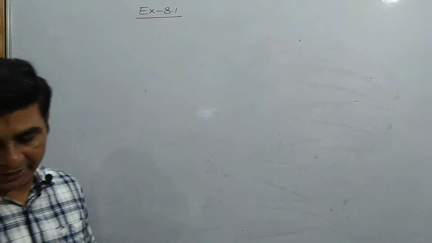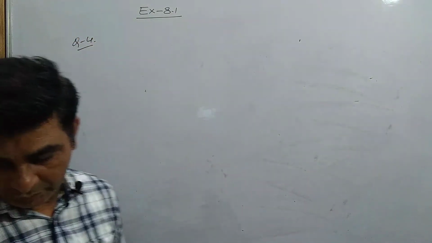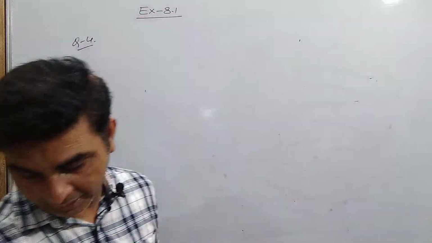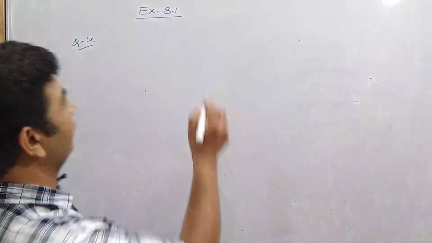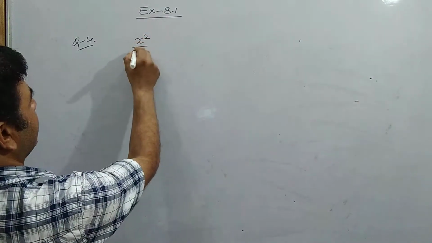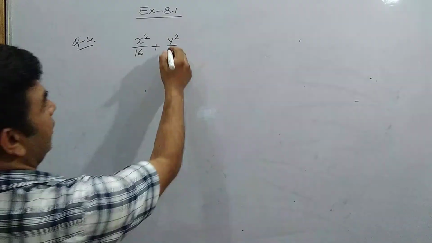This is question number 4. The question is: find the area of the region bounded by the ellipse. This is specially mentioned to you. We need to find the area of the ellipse given by x square by 16 plus y square by 9 is equal to 1.